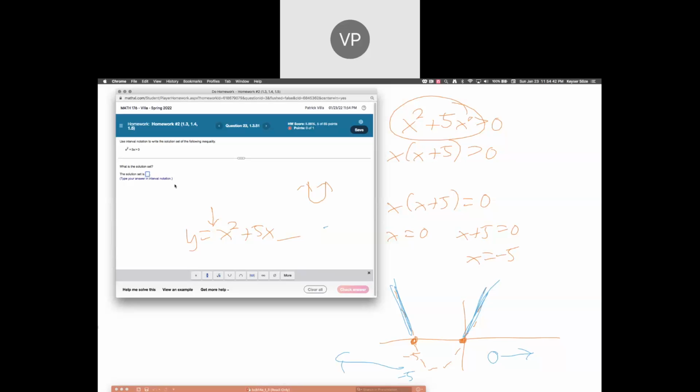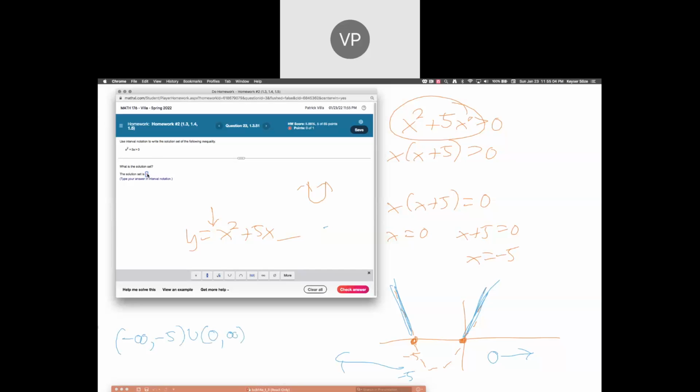Well, I also know it cannot be equal to 0, so I cannot include the -5. If I put this in interval notation, it's going to go up to -5, but not including it, and then it's going to be the union, picking up from 0 up to positive infinity. That's the interval notation, and that's what I think they're going to want this in.